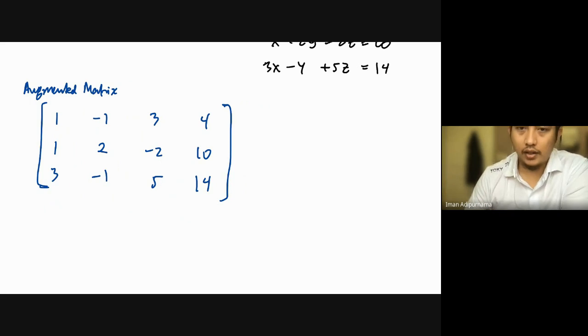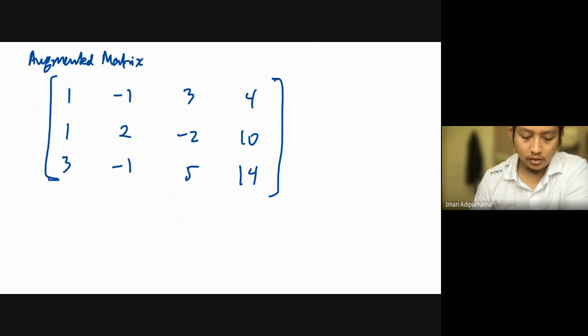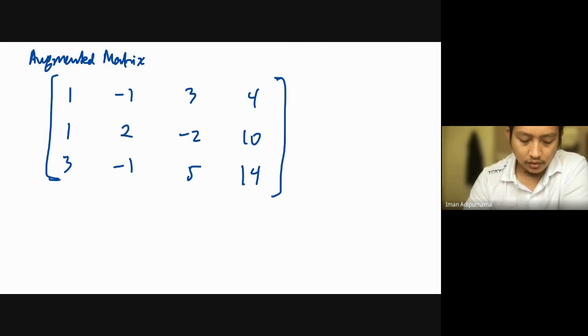Now the next thing is we are going to make the rows. Let's say we have row 1, row 2, row 3, and the idea is to make this point become 0, and this become 1, this become 1.